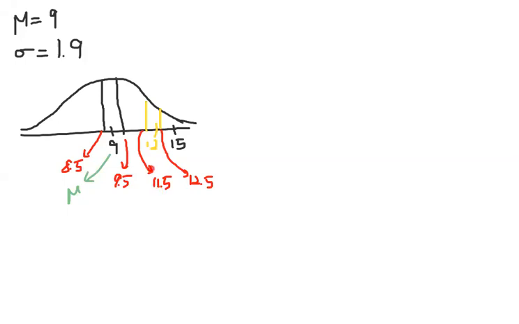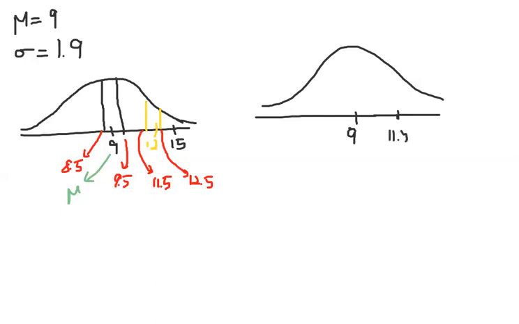So we consider that our mean is equal to 9, and we are looking for 11.5 or more. This is the area we are interested in.